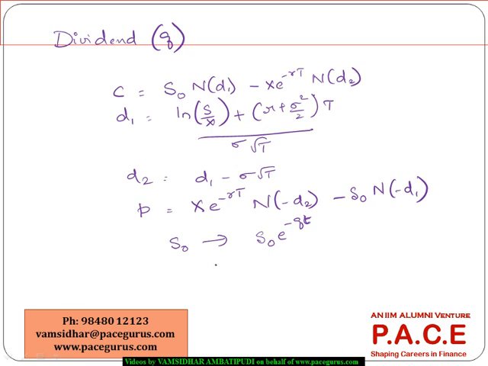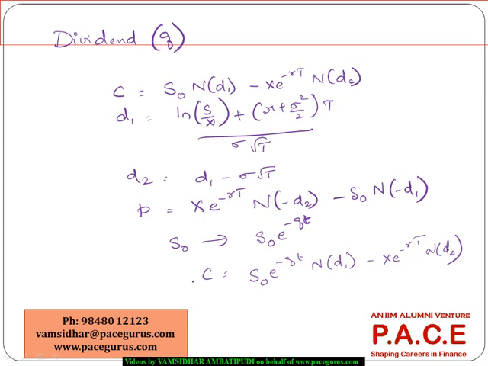So probably the call option price is going as S naught e power minus qt N of d1 minus X e power minus rt N of d2. So this is what is coming out whenever there is a continuous stream of dividend declared.